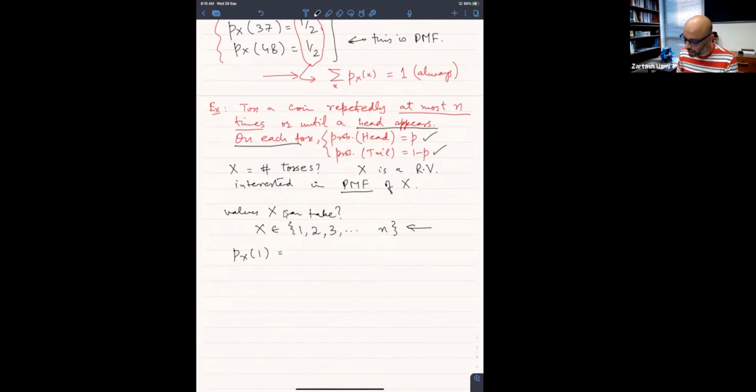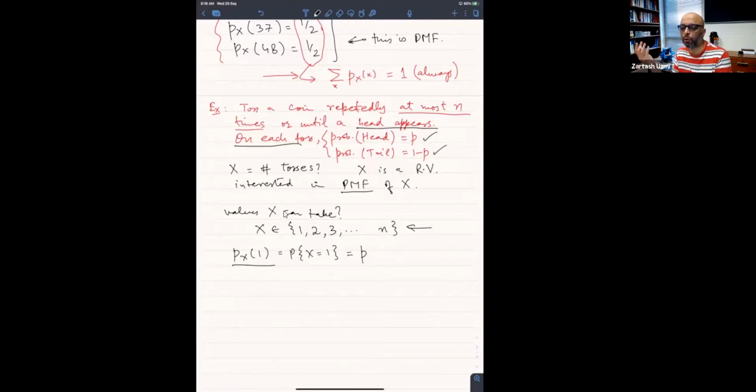What is the probability X takes the value 1, which we also write as P_X(1)? Answers in the chat window. Could somebody answer please? So it's P. It's not 1/2.